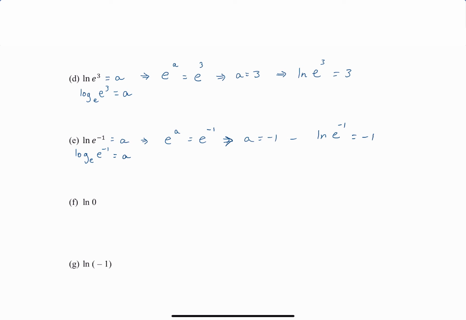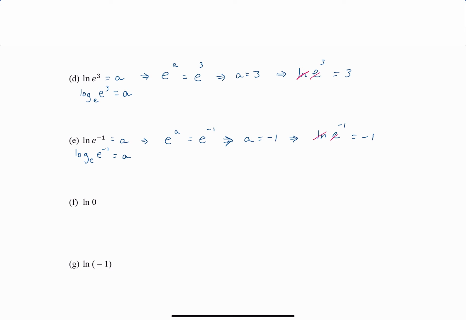And yep, sure enough, since a was my name for the answer to ln of e to the negative 1, that shows that ln of e to the negative 1 is negative 1. So hopefully you're seeing that this ln and the e's cancel each other out. You don't need to write that down right now. We're going to write it down in just a little bit. I mean, about the canceling thing.